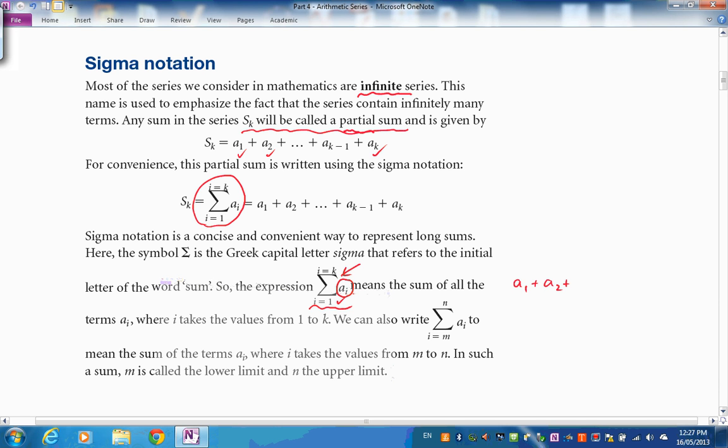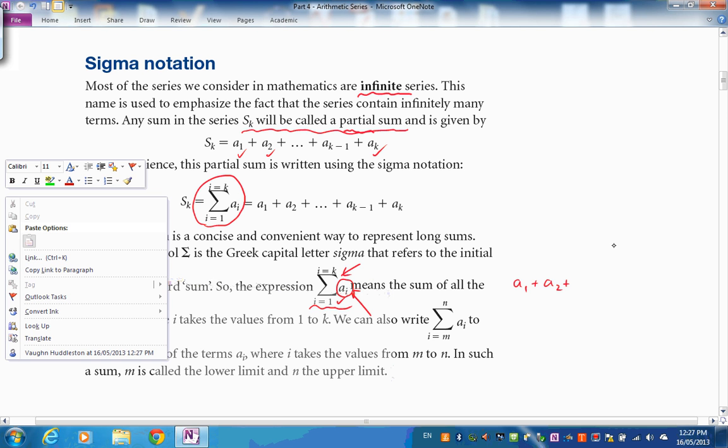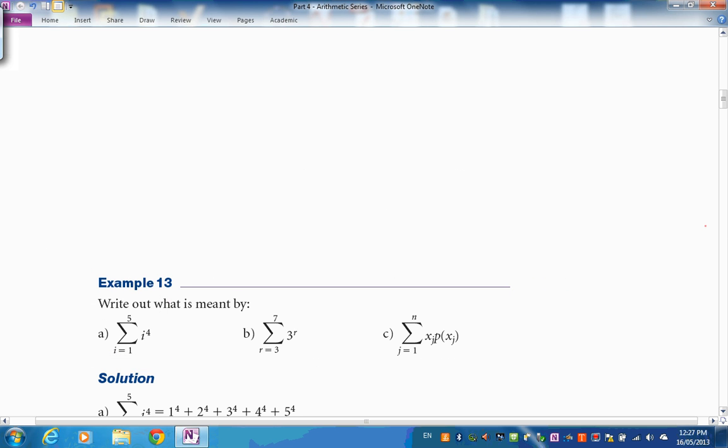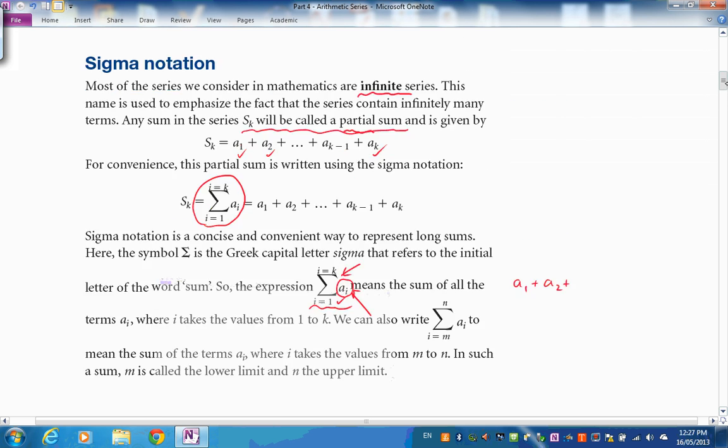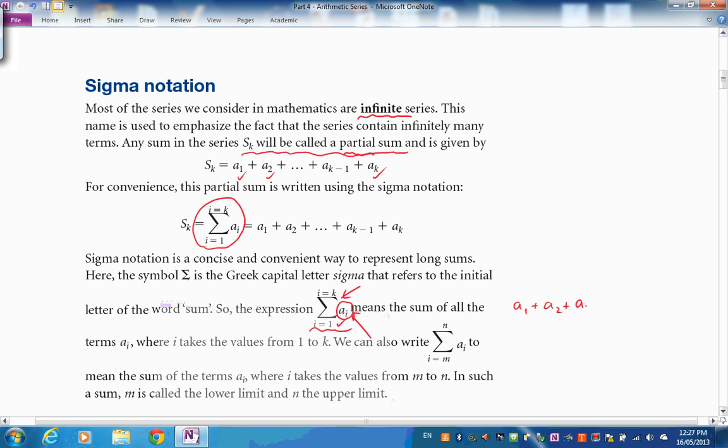So you're going to change this little subscript, labelling each one as a_1, a_2, etc. And the next one would be a_3, right the way. And where does it stop? It stops at a_k. And the one before it would be a_(k minus 1). So that's a symbol that we can use instead of all this here.